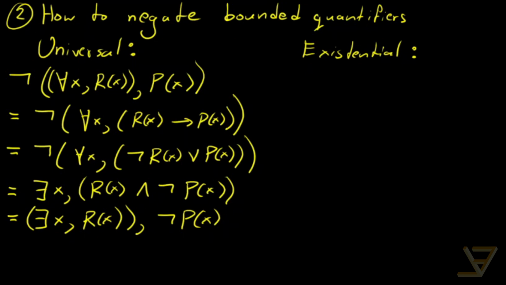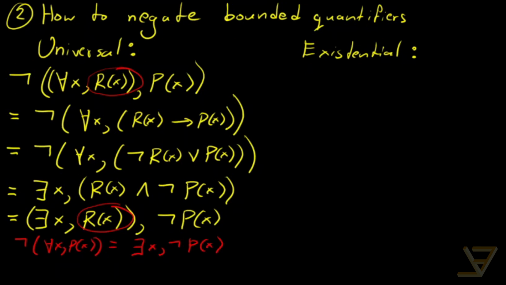This is a little bit amazing because the r of x was up here and the r of x is down here, and we just negated everything else the way we normally would with De Morgan, because normally we would say not for all x p of x is equal to there exists an x not p of x, and that's exactly what we did, and we took out the r of x and we popped it back in.